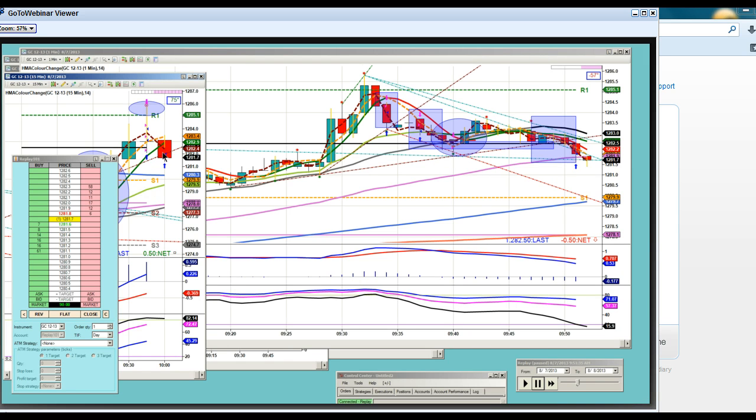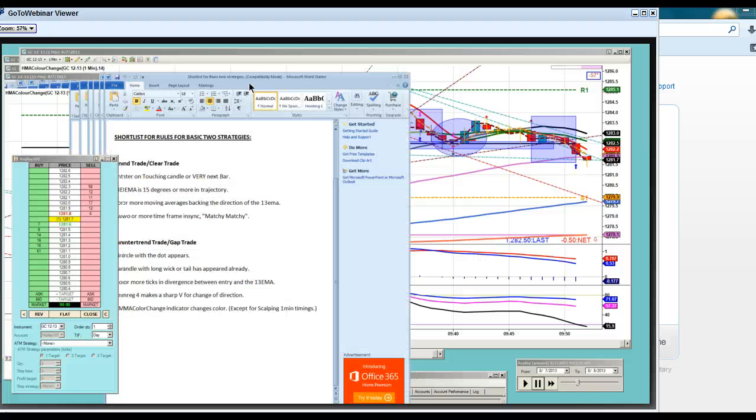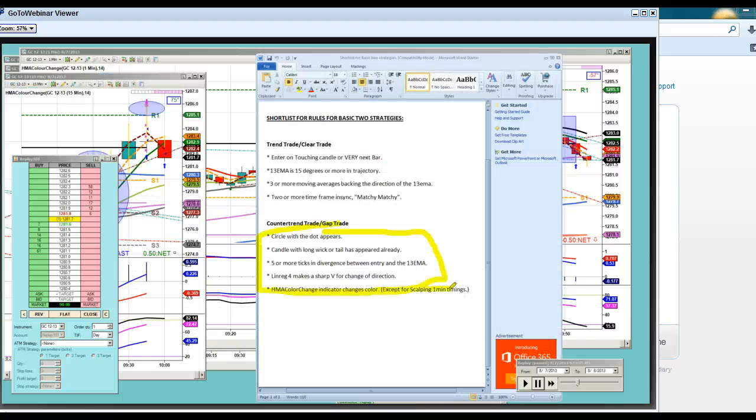It makes a nice sharp V, and there's your nice red candle. So you can see that the 50-minute is now giving you the classic counter trend rules. It doesn't involve the HMA at this point. That's the next timing, but it's giving you the initial counter trend. So these rules apply on all time frames.